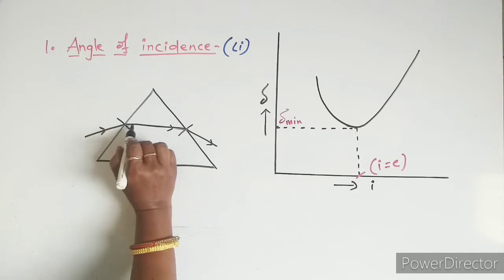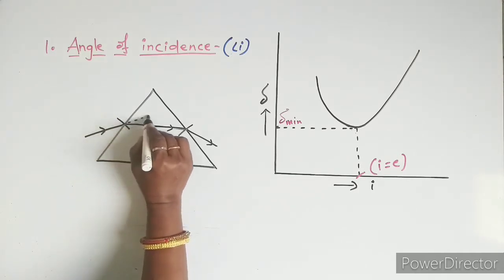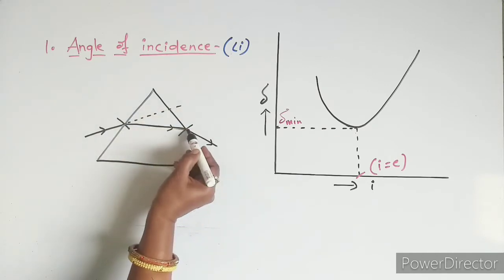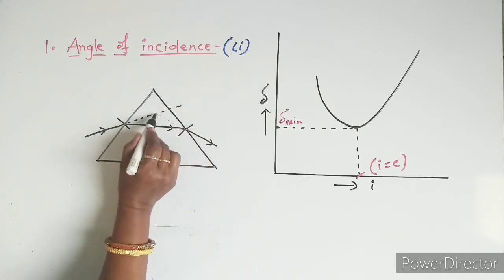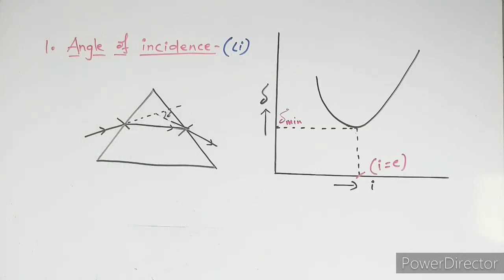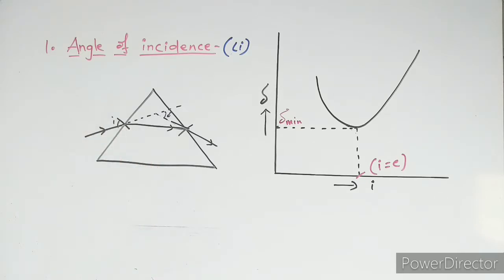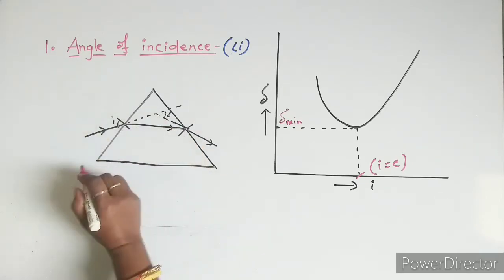If no prism was there, otherwise if we forward it, let us forward this one. We are changing this, so we are getting this one as delta. And here we are getting this one, it is the angle of incidence. Let me change this one to show you.